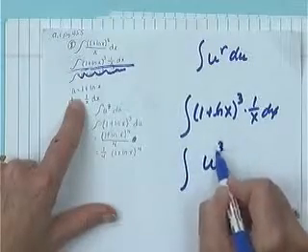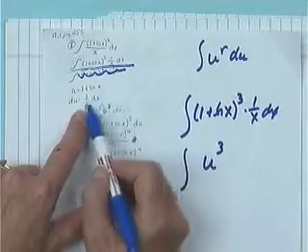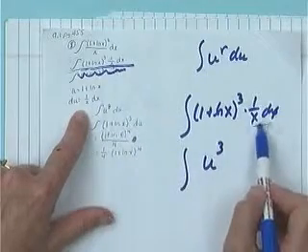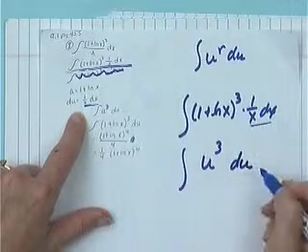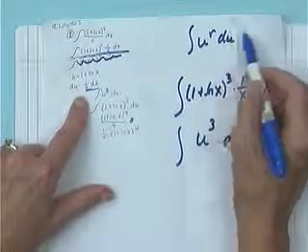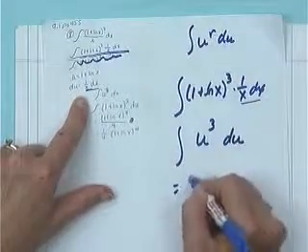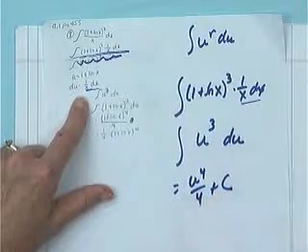So you call that u to the third. Perfect. Then you took the derivative. When you look both ways, that's a perfect du. Perfect du. Okay? And so when you integrate a u to the r du, when r is not -1, it's just u to the 4th over 4 plus c.